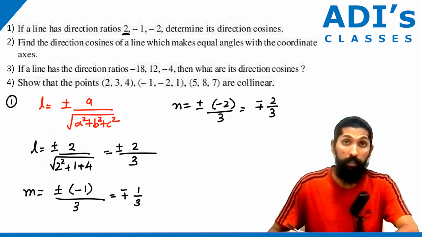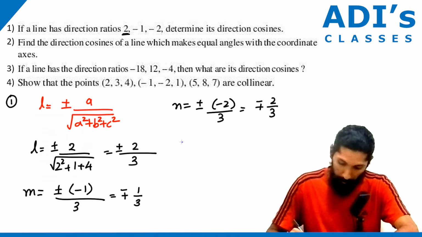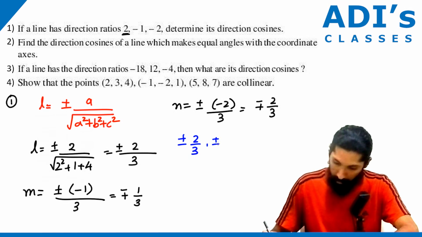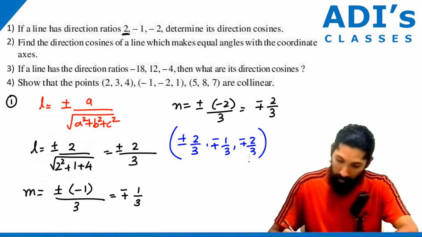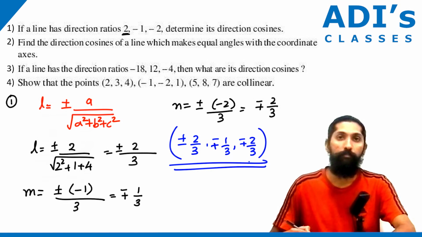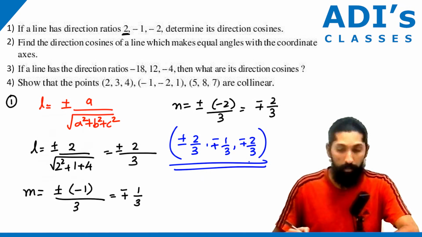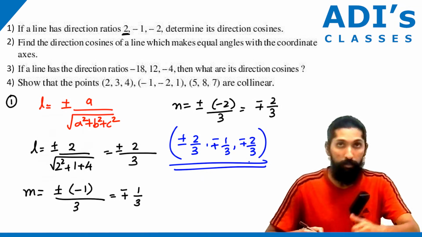So what are the answers now? We can write plus or minus 2 by 3, minus or plus 1 by 3, minus or plus 2 by 3. These are the answers for the first one. Very simple. Clear? Let's do the next one now.